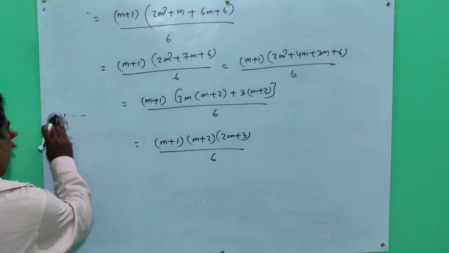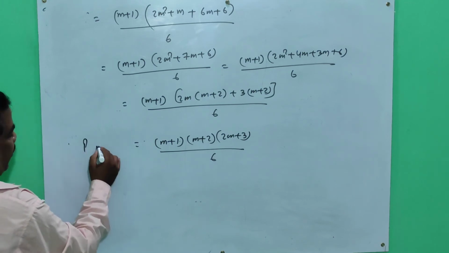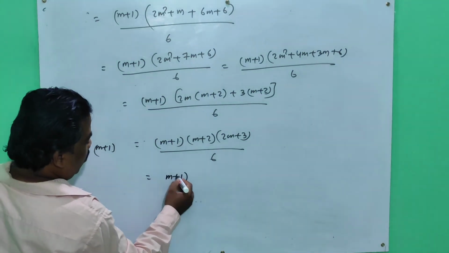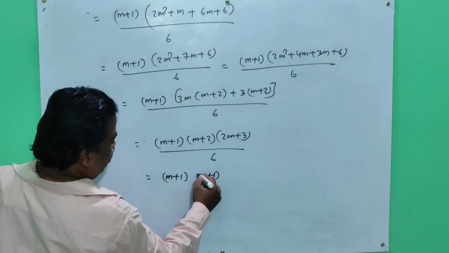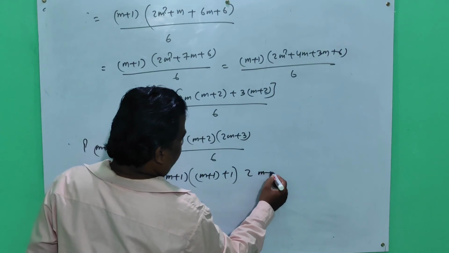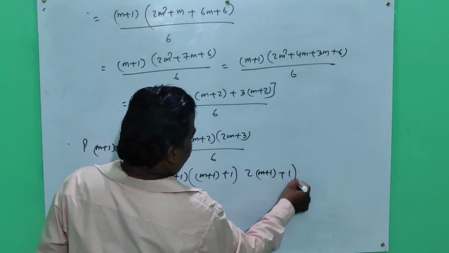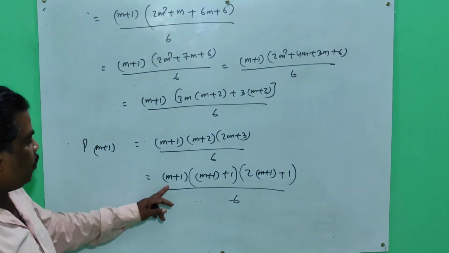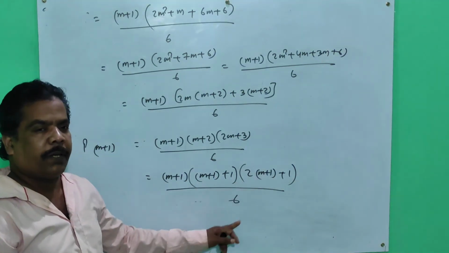Now this is equal to P(m+1). When m is replaced by m plus 1, you write n into (n+1) into (2n+1), where n is m plus 1. Now it is in the form of n into (n+1) into (2n+1) by 6.